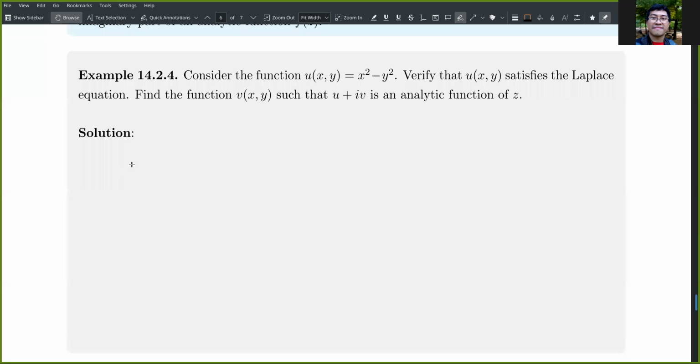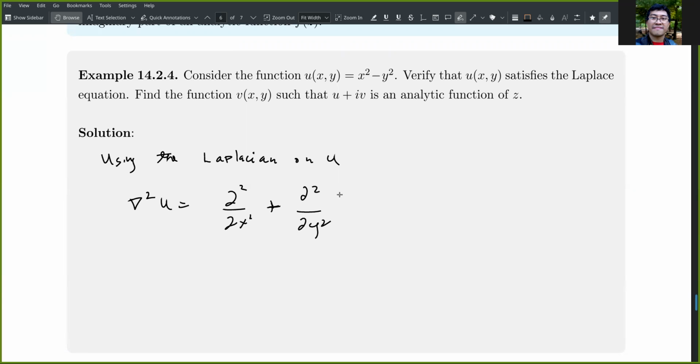So first, we apply the Laplacian on u. Using the Laplacian, we have del squared u, or partial squared with respect to x plus partial squared with respect to y on u, which is x squared minus y squared.